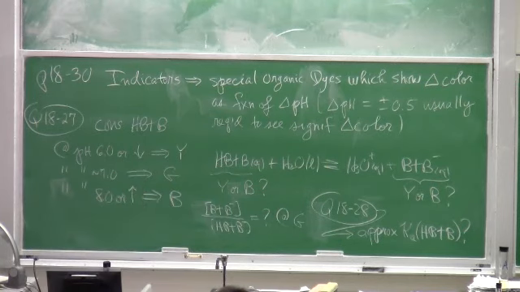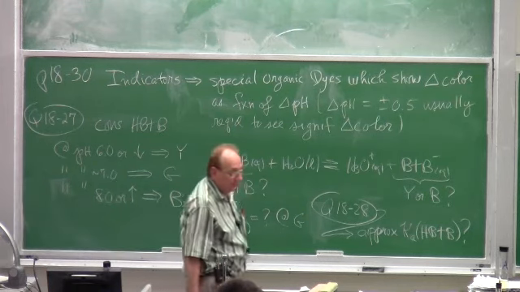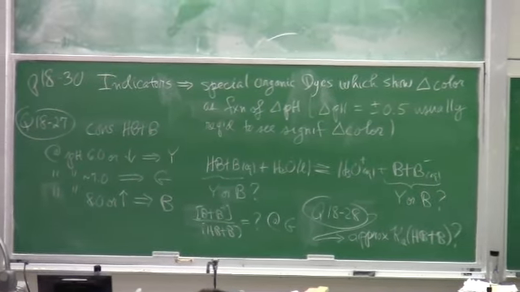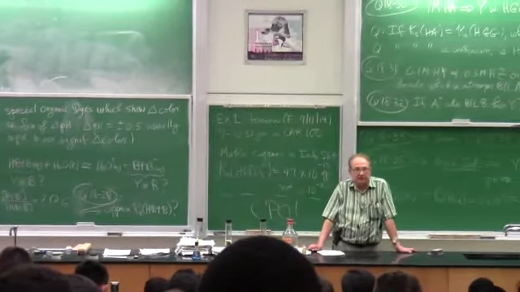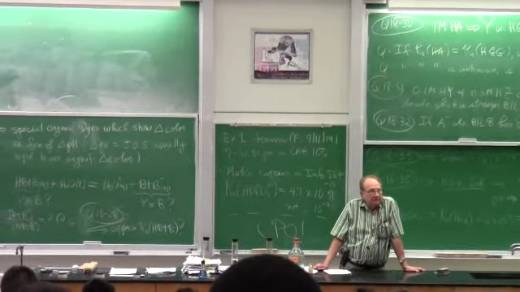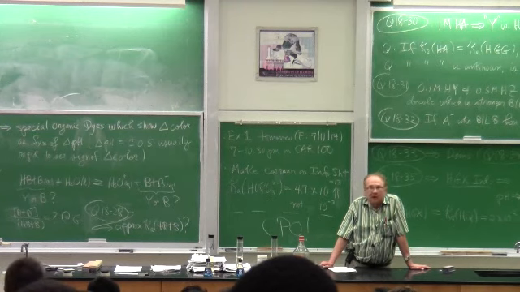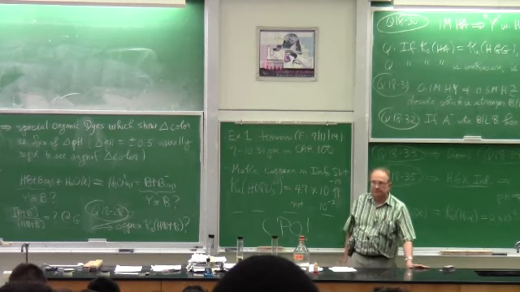So page 1830, indicators. You're familiar with indicators. You've used indicators in 46 lab. You used indicators in 45 lab. Organic molecules, which behave as dyes. And very interesting dyes from a chemist's perspective, because the dyes which are used as indicators are dyes which are subject to change in color as a function of solution pH.